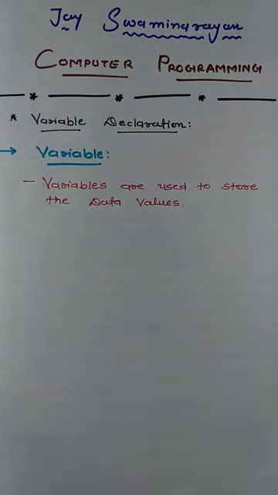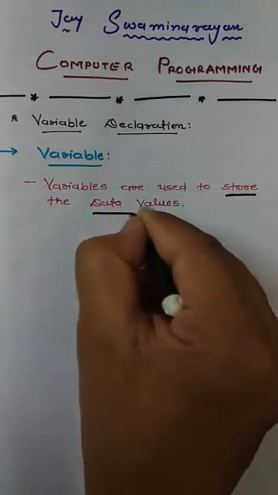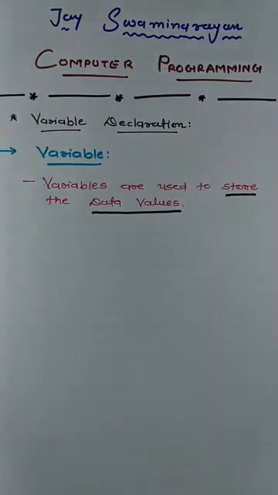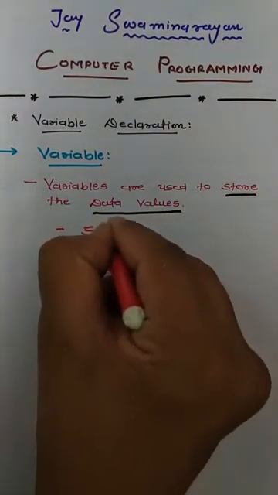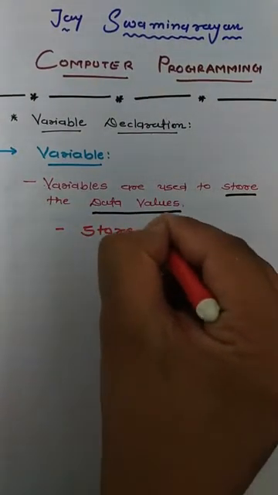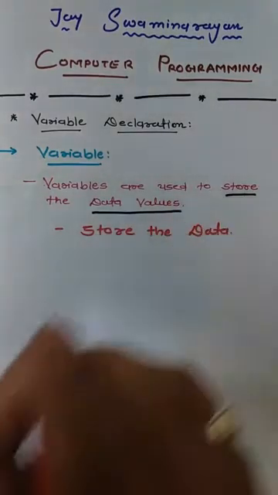Okay, so what is the meaning of variable? Variable is used to store data's value. Or we can simply say that variable is used to store the data.